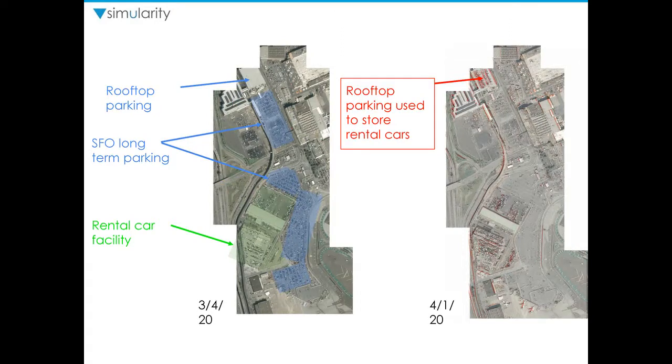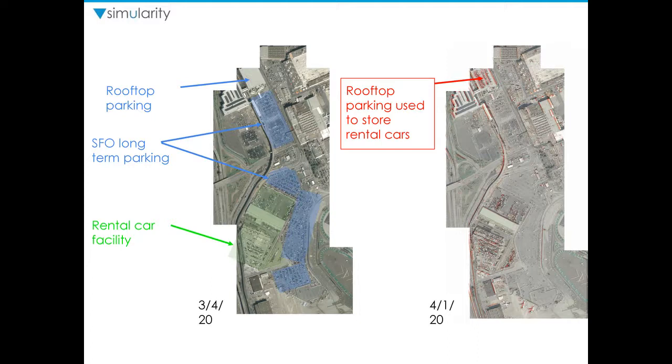First of all, let me explain the layout of that section we're looking at. In green, where it says rental car facilities, that green overlay is the parking lot for the rental cars and also the building. If you ever fly into SFO and rent a car, you'll take a small train to that building where you pick up your car, and that's also where you return it.